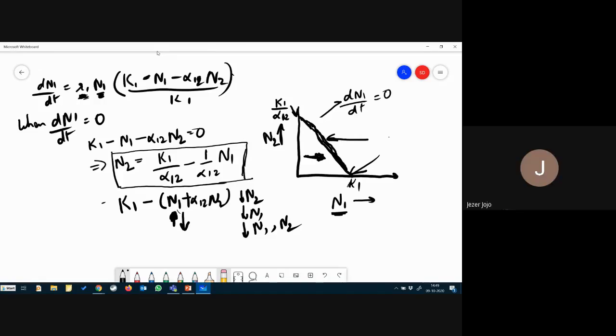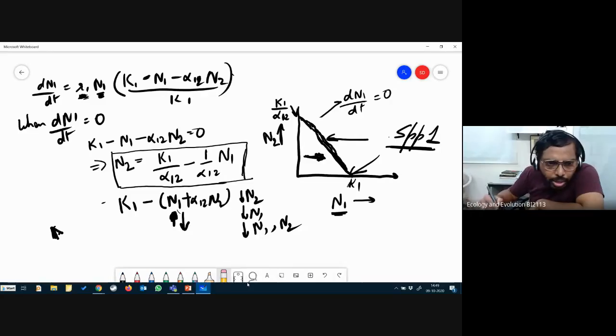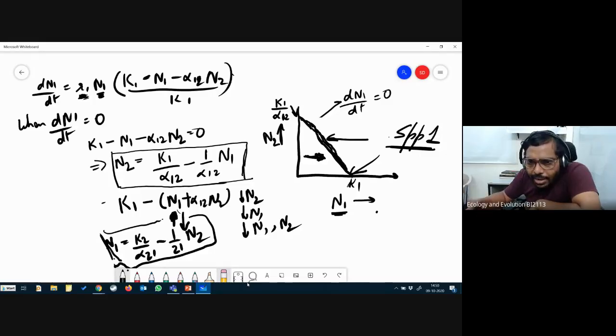So this is for species 1. Since these two equations are just symmetric to each other, for species 2, at equilibrium, I'm going to get N1 equal to K2 by alpha 21 minus 1 by alpha 21 N2, correct? If I draw that, I have N2 and N1 over here, and species 2 over here.